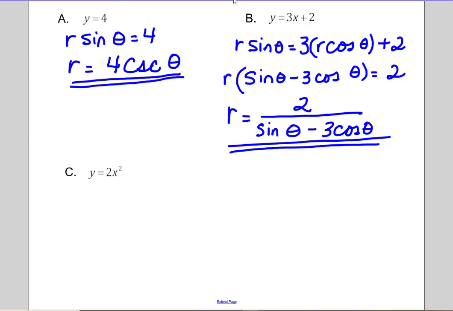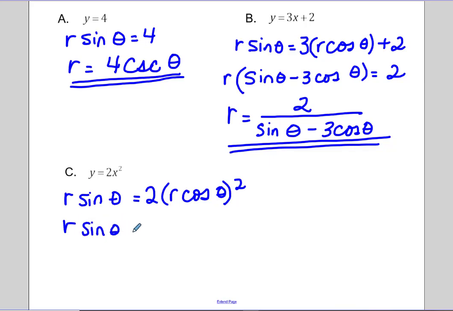In part C, we're going to turn y into r sine theta, and 2x squared would be 2r cosine theta quantity squared. So we have r sine theta is equal to 2r squared cosine squared theta. We want to get rid of one of these extra r's here.